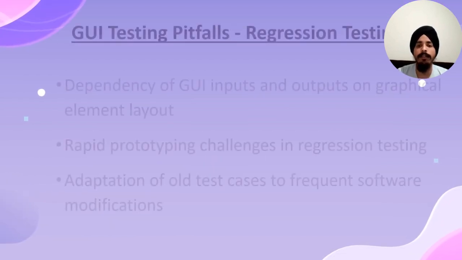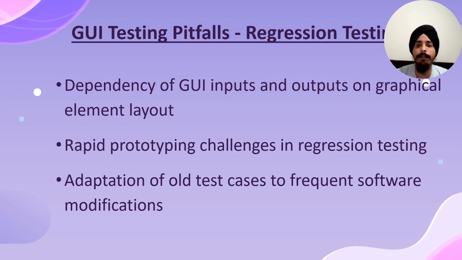Next one, we can see the regression testing drawbacks in GUI testing. In this, first is the dependency of GUI inputs and outputs on graphical element layout. Second one is rapid prototyping challenges in regression testing.